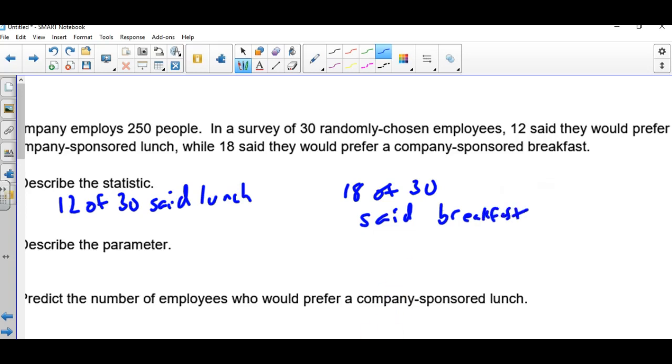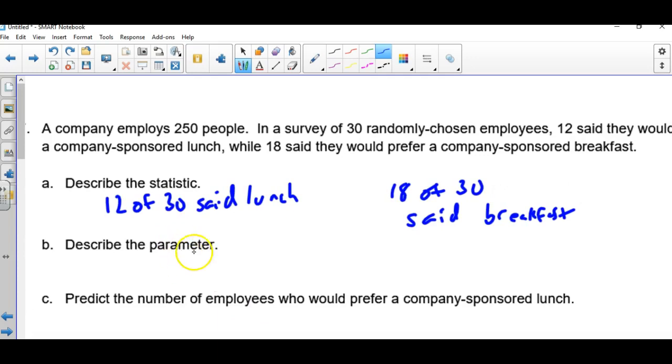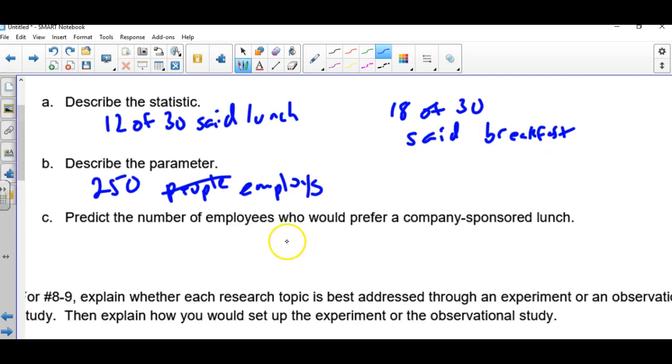Okay, so now we have the parameter. Remember, the parameter and the total population go together. So describe the parameter. Well, that's going to be 250 employees. So now it says predict the number of employees who will prefer the sponsored lunch. Well, we're going to use this statistic. 12 out of 30 wanted the lunch.